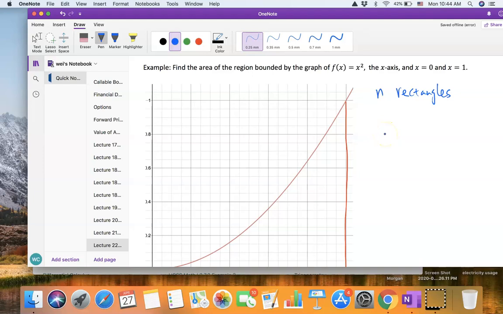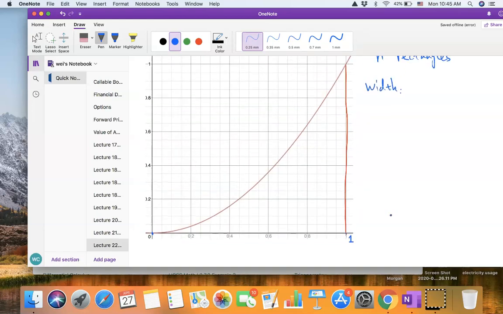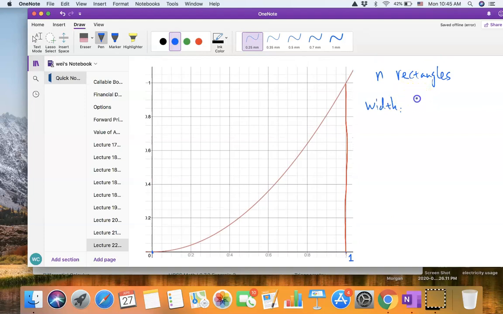Now the first thing we need to do is to figure out how to determine the width and the height of each rectangle. Now to determine the width, it's easy, because each rectangle has the same width, right? Since there are n rectangles, and the distance between these 2 points is 1, the width of each rectangle is going to be equal to this distance divided by n.